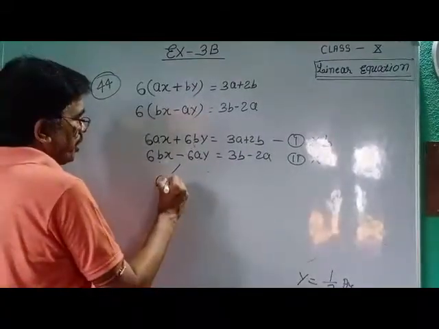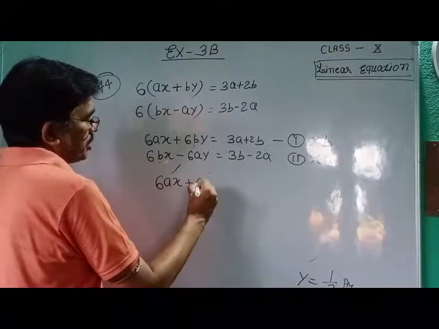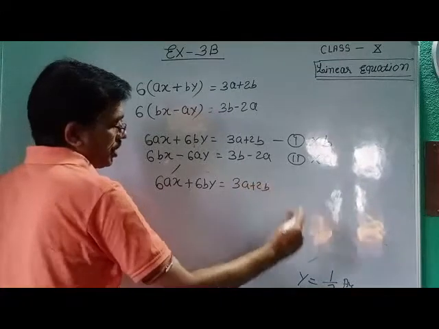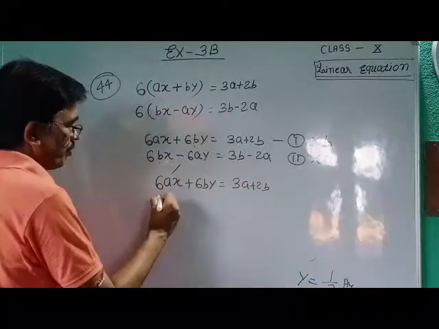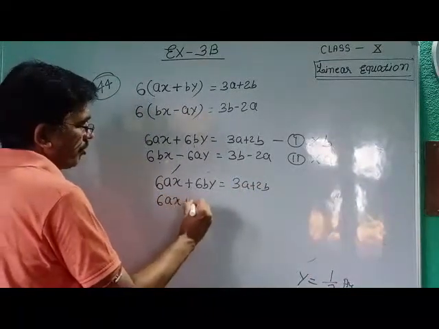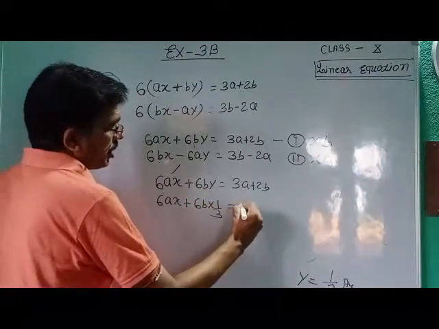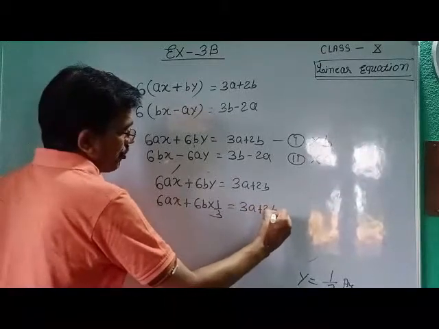First, here is 6ax + 6by = 3a + 2b. Value of y is 1 by 3. Put here 6ax + 6b into 1 by 3 = 3a + 2b.